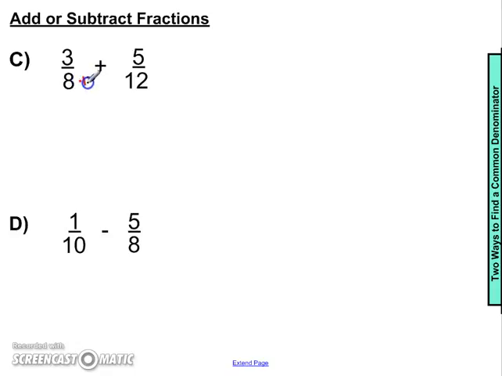I could multiply the numerator and denominator here by 12, and that would give me a fraction, and I would multiply by 8 here, and that would give me my other fraction, which was, let's see, 16. Carry 1, 8, that would be 96. And so you would do these, this would be 40 over 96.